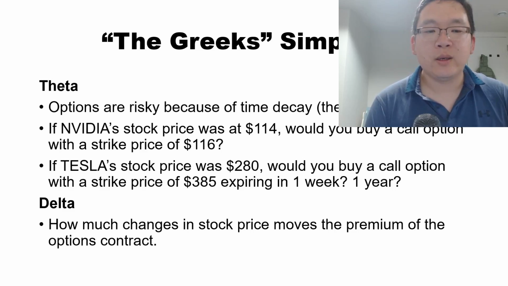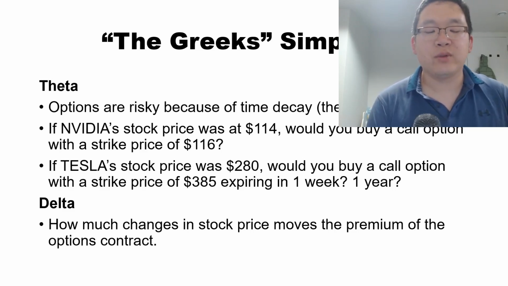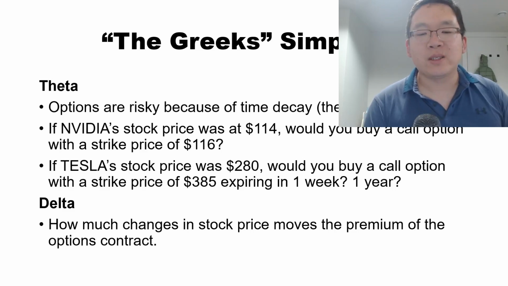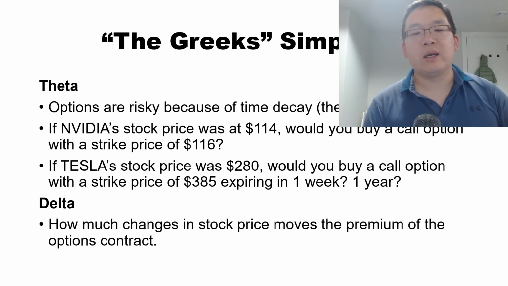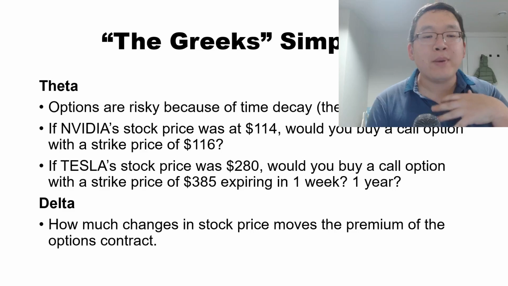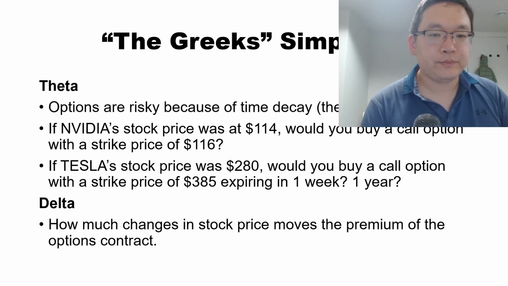Versus if you only had a week, theta has already burned the majority of the value of the contract. And from a common sense point of view, to only have a week to wait for Tesla to go from 280 to 385, that's not enough time.